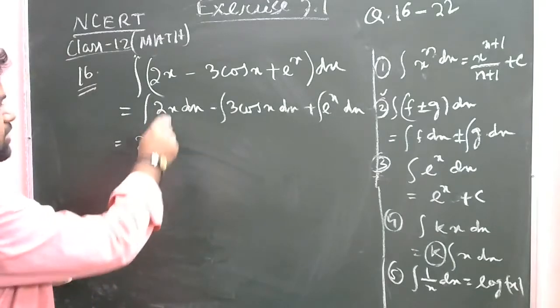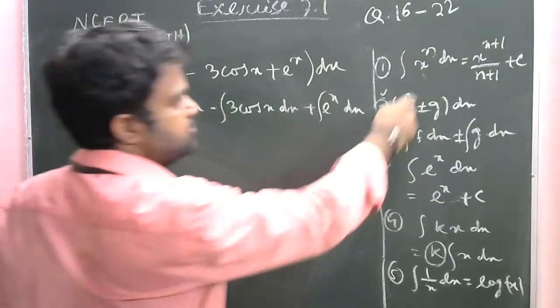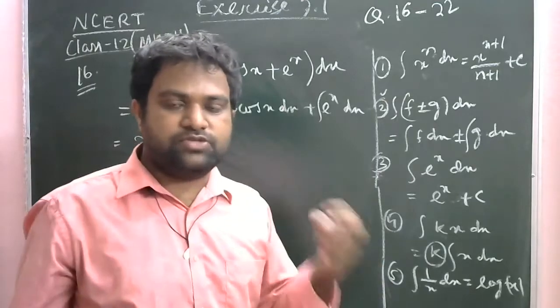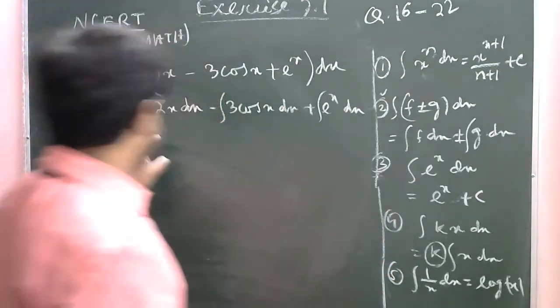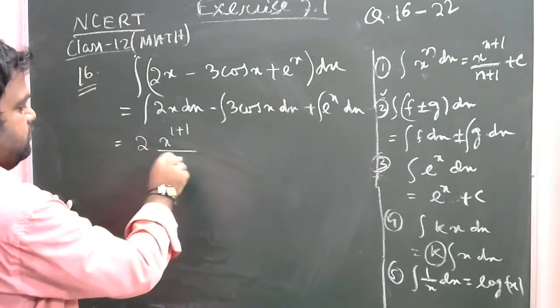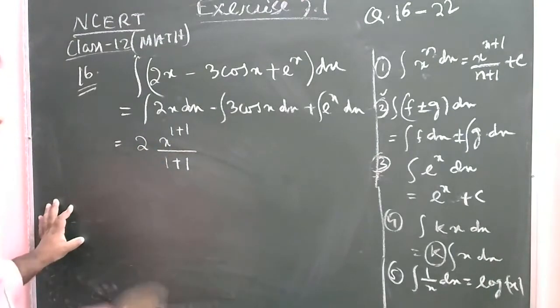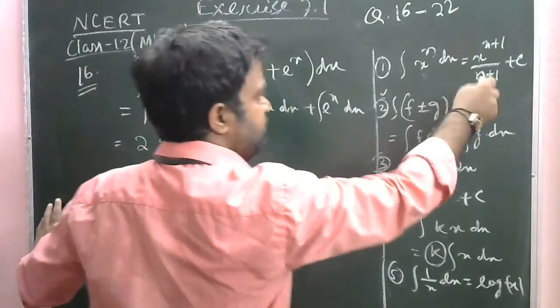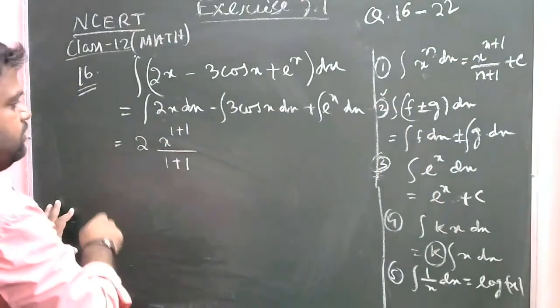For x, the power is 1, so we'll use the first formula, x to the power n: x to the power 1 plus 1 by 1 plus 1. This is our formula, right?